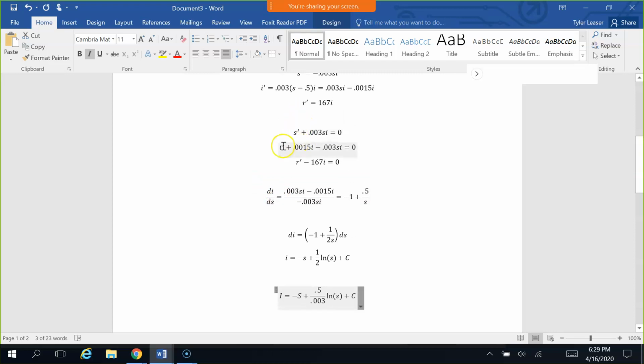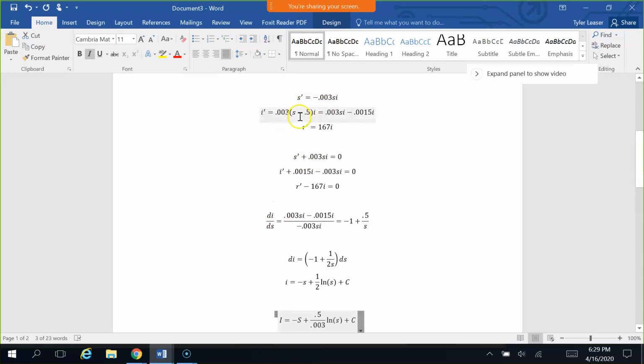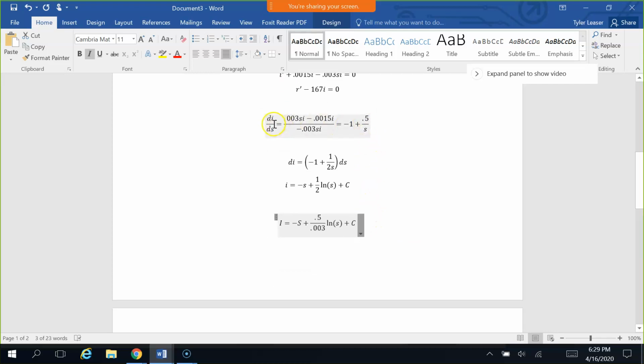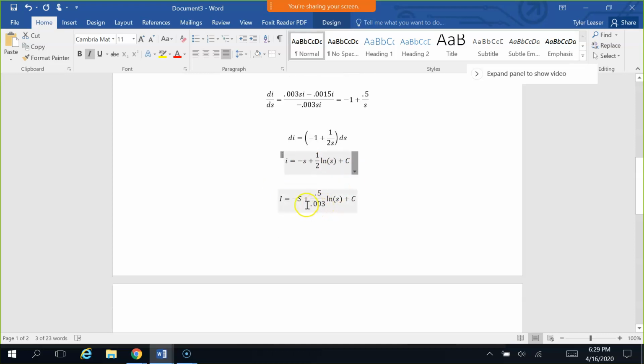So we have I prime and S prime solved for up here, and we're just going to take the ratio of those two things and we get this. Then this, unfortunately, is the lowercase I and S after we solve it using separable differential equations. So we have to multiply it by the population size to get back to the actual I, the number of infected, the number of susceptible, all the way down.